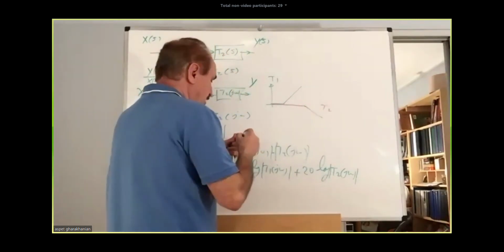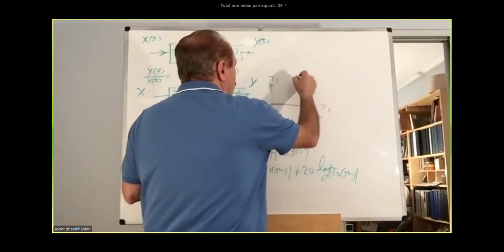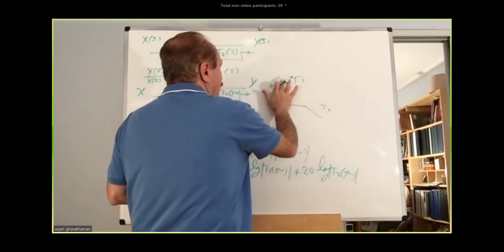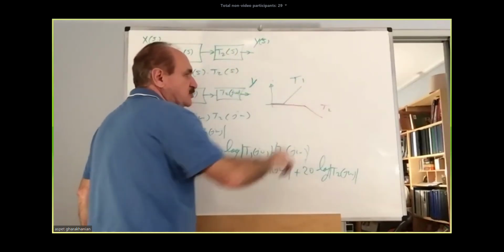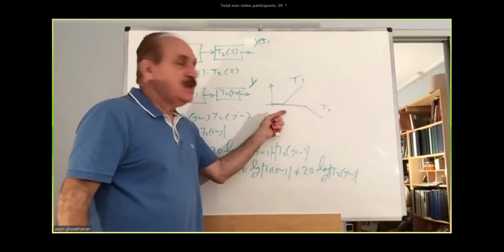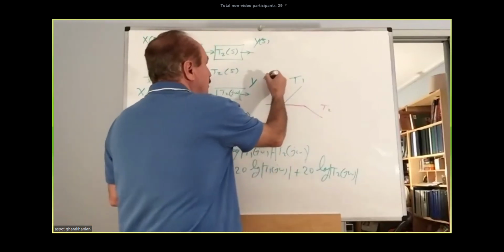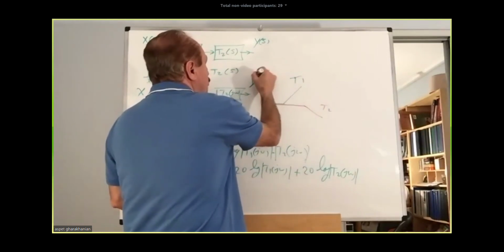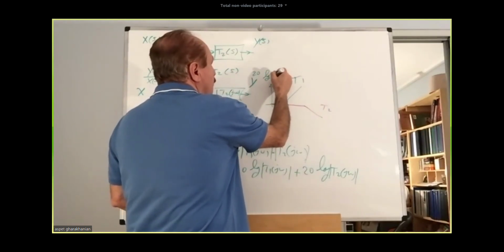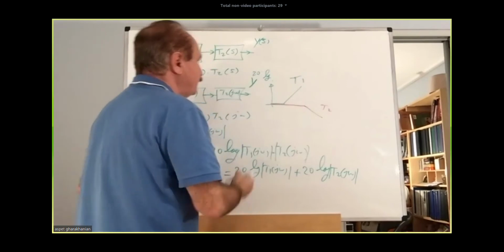If this is T1, assuming the two slopes are identical, the graphical addition, and this is the 20 log of either one.